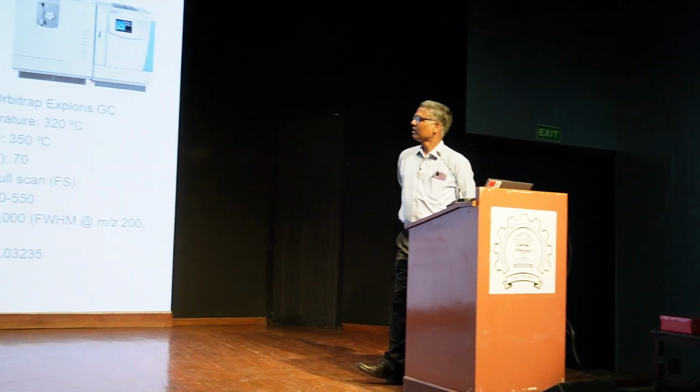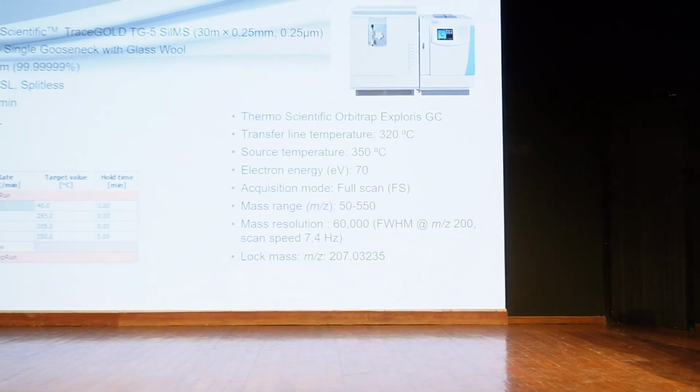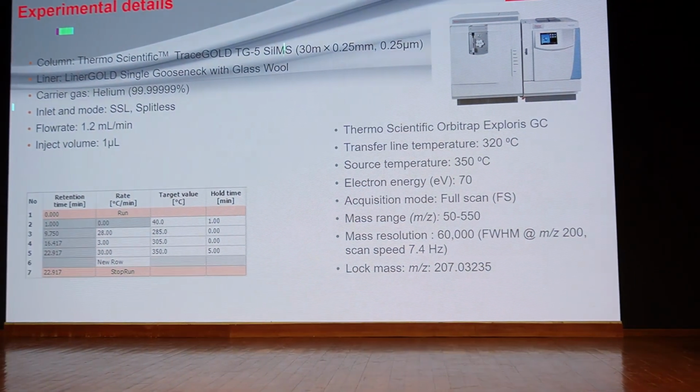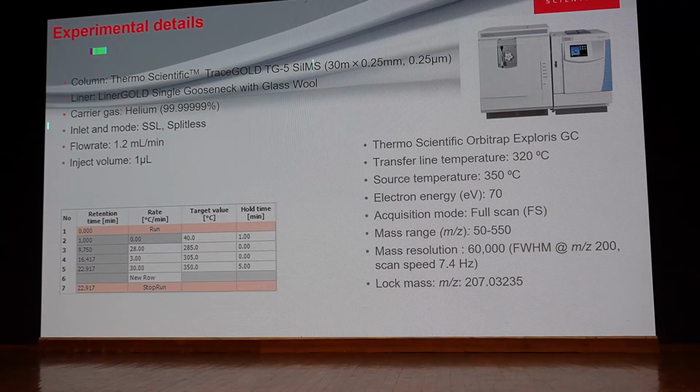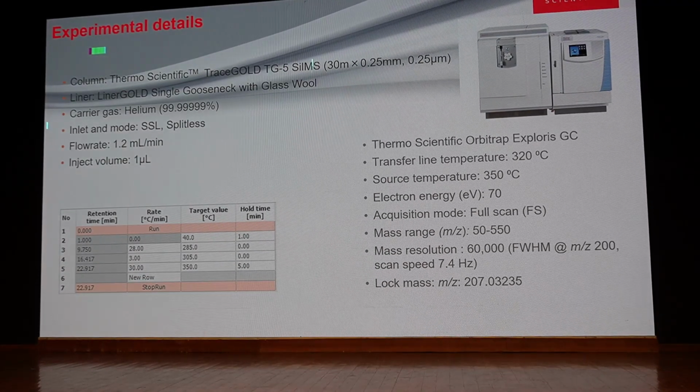So these are the conditions used for PCB analysis with the GC-HRMS system. These are very generic conditions, using electron impact ionization and full scan data analysis with 60,000 resolving power.